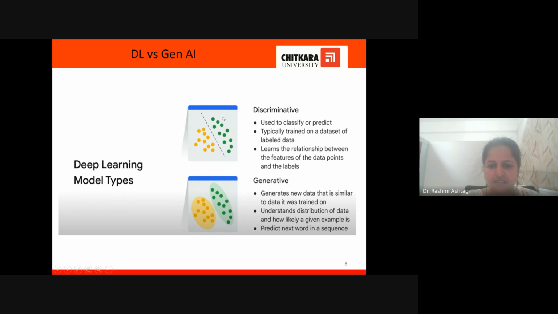These people are from engineering, these people are from science, these people are from commerce. By checking their ID card, it can identify which class the student belongs to. Here everything is available, it's discriminating, classifying, predicting.